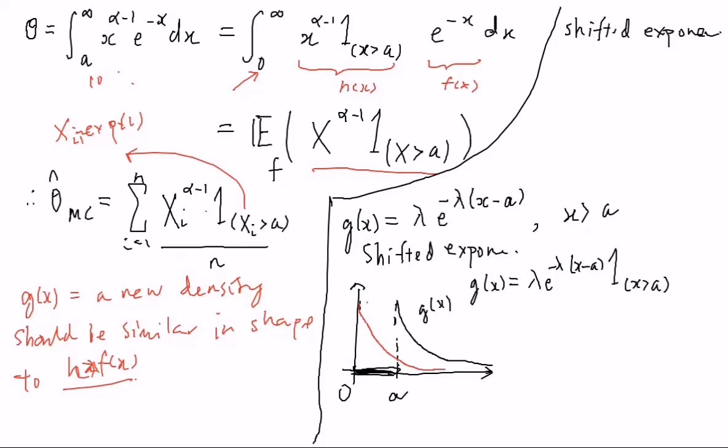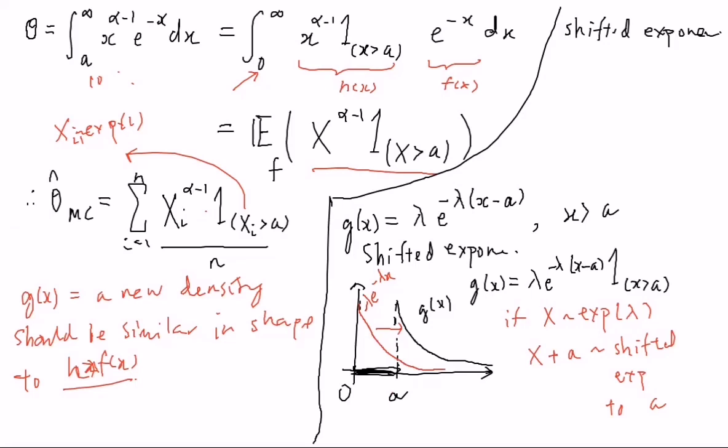In the usual case, you just have lambda e to the minus lambda x. So you basically just shift it by an amount a. If x is exponential with parameter lambda, then x plus a is your shifted exponential. If you add a units, you basically just push everything a units to the right hand side. So this is the shifted exponential.